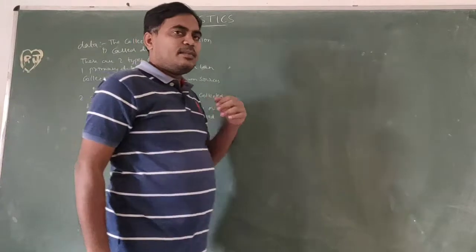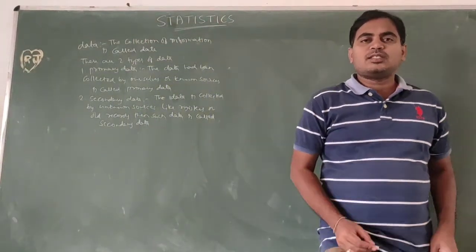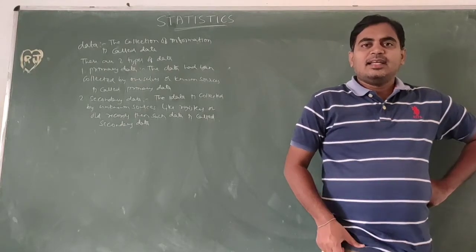The data collected by the observer is primary data. The data collected from unknown sources is called secondary data.